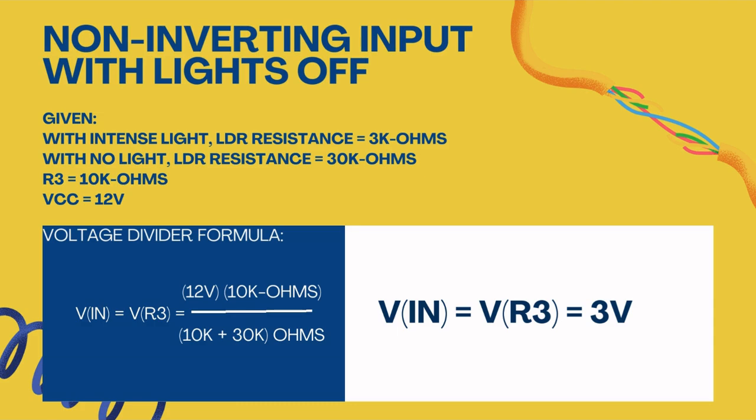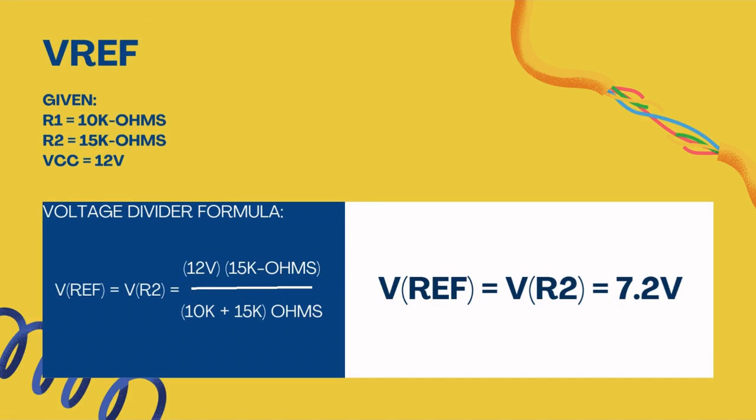This leads to the non-inverting input being equal to 3 volts when the lights are off, with the extreme values being 3 volts and 9.23 volts, whose median is roughly around 6 volts. It would be safe to assume that this value can serve as the reference voltage.